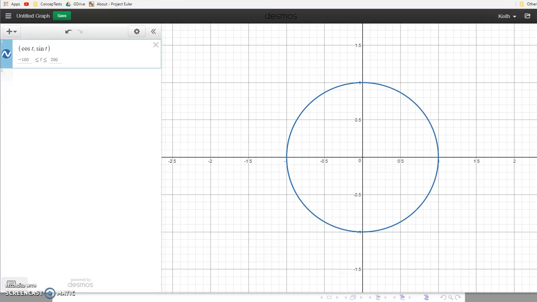But wait again. I think that's how we defined cosine and sine from the very beginning on the unit circle approach. In fact, if you were to look back to the beginning of your notes, one of the very first things we looked at was we actually defined x to be cosine t, y to be sine of t, and we asked the question, is that parametric?